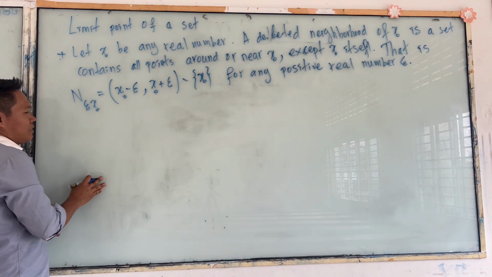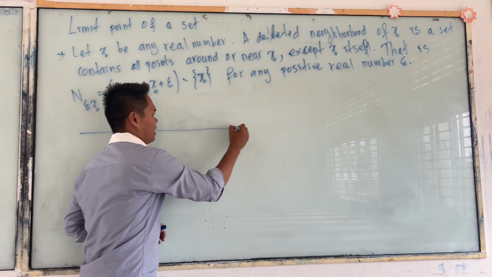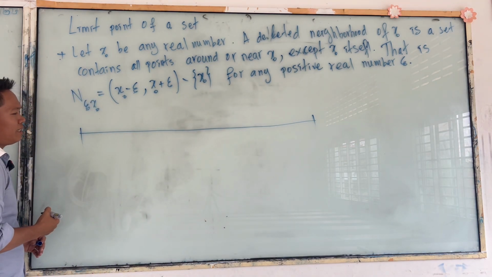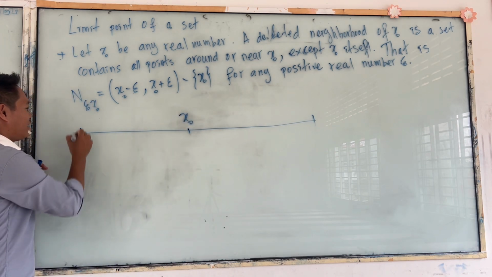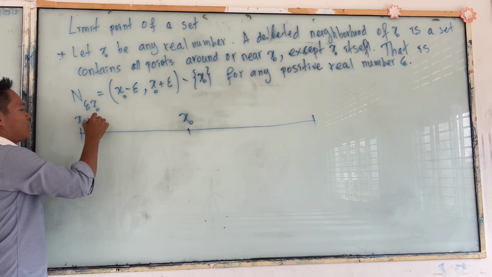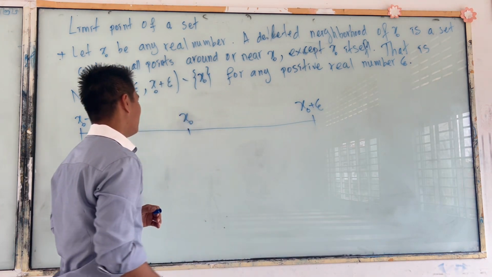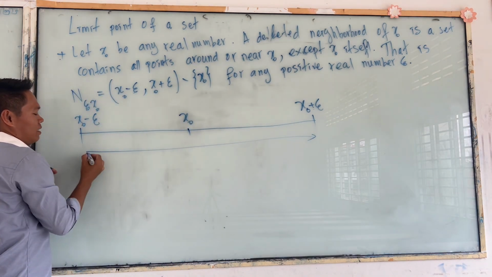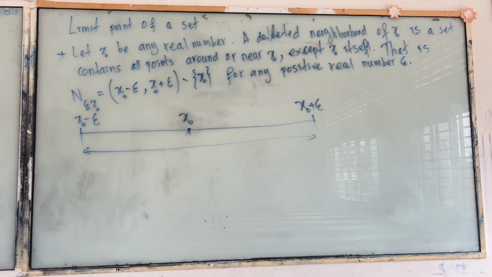To illustrate this, I can draw one line or one segment of real number. In this one we call this point x0, this one x0 minus epsilon, and this one x0 plus epsilon. In fact this one is a neighborhood of x0. Now I just omit or delete x0 from this, and I get a deleted neighborhood of x0.